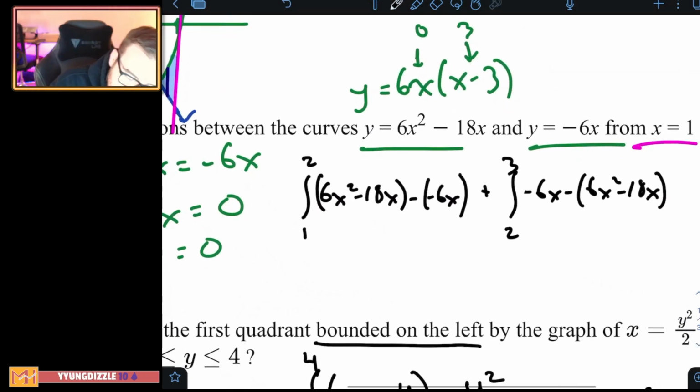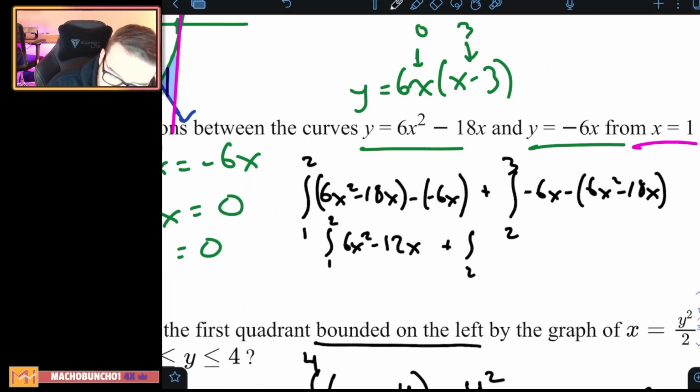So this turns out to be a plus 6x added with the negative 18x: the integral from 1 to 2 of 6x squared minus 12x, plus the integral from 2 to 3 of this is going to be plus 18x, so that's going to be a positive 12x.